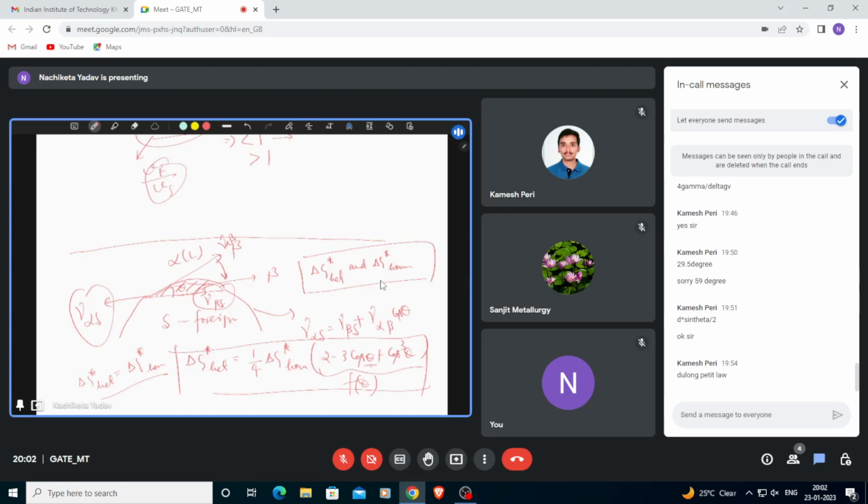So there will be no barrier in nucleation. And when theta will be 90 degree, then delta G heterogeneous, simply you put theta 90 degree, you will get half of the homogeneous nucleus.